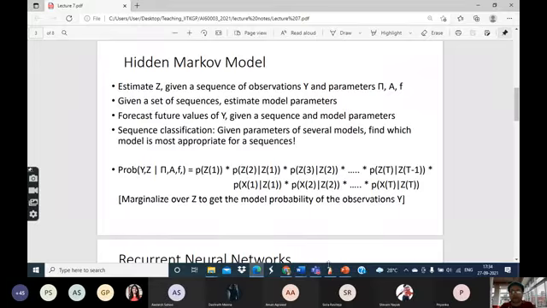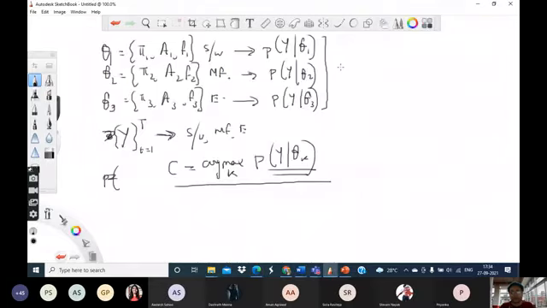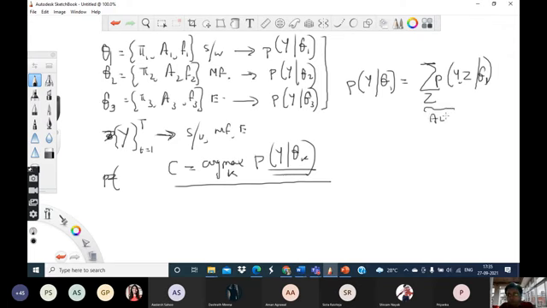There are some formulas for the marginalization, which I will not go into, but basically the idea is that p of y given theta 1 is equal to p of y, z given theta 1 summed over z. What do I mean by summed over z? It means summed over all possible values of z.